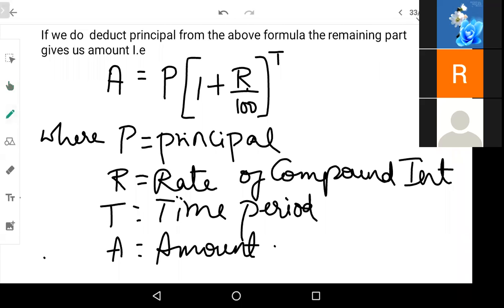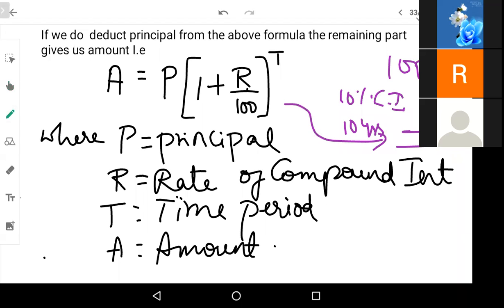Suppose you take a 100 rupees loan now and they are calculating 10% compound interest. After, let's say, 10 years, your amount will be calculated using this formula. So that will be the amount at the end of that particular year.